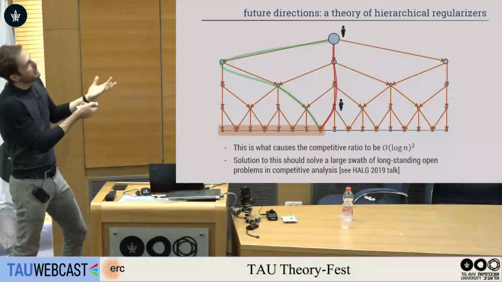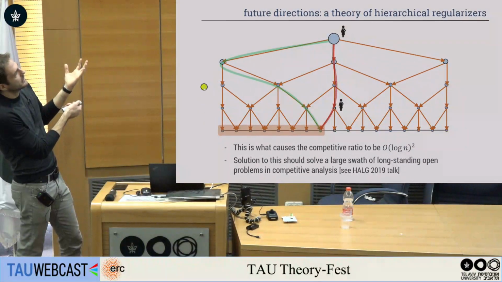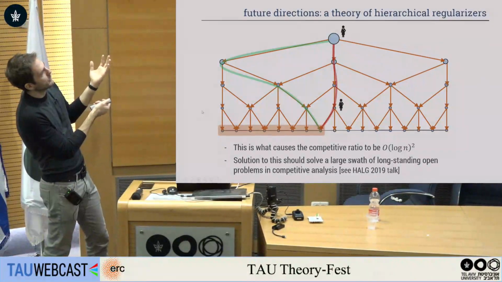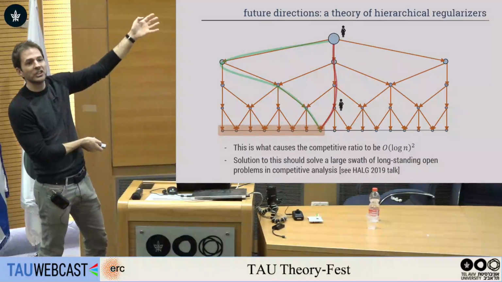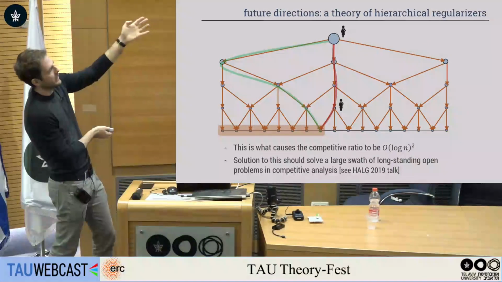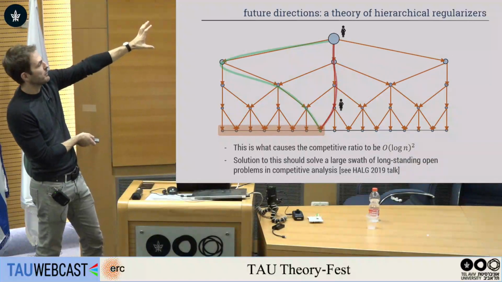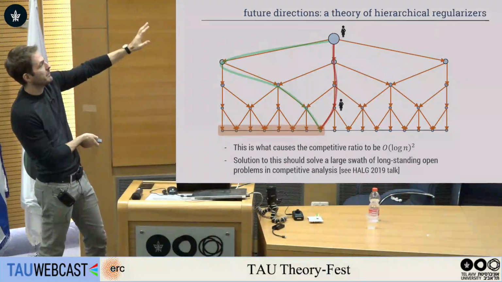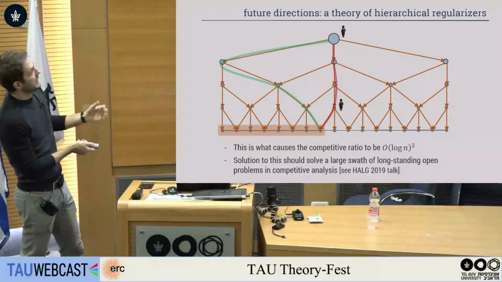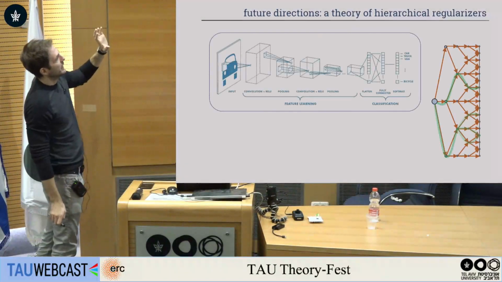More than that, if you think about a theory of these hierarchical regularizers, it would be nice to know what's going on here. This is a good test case for figuring out the right thing to do. So that's a great open problem to work on, and I think it has legs in the sense that it will solve many other long-standing open problems. That's the sort of thing in competitive analysis.